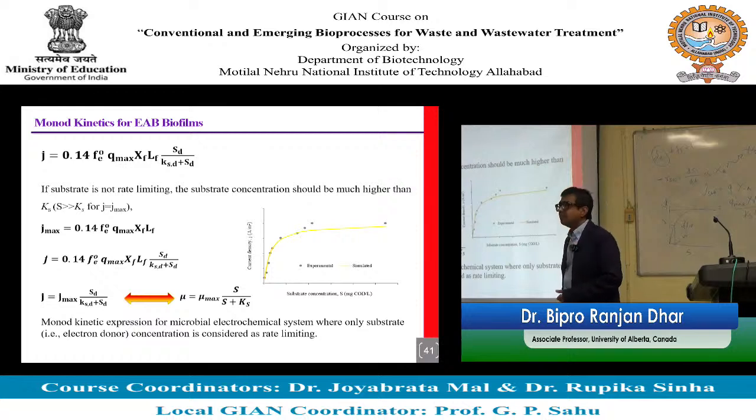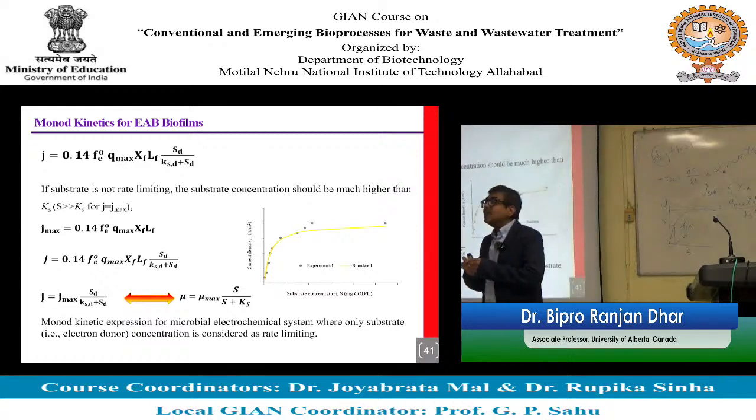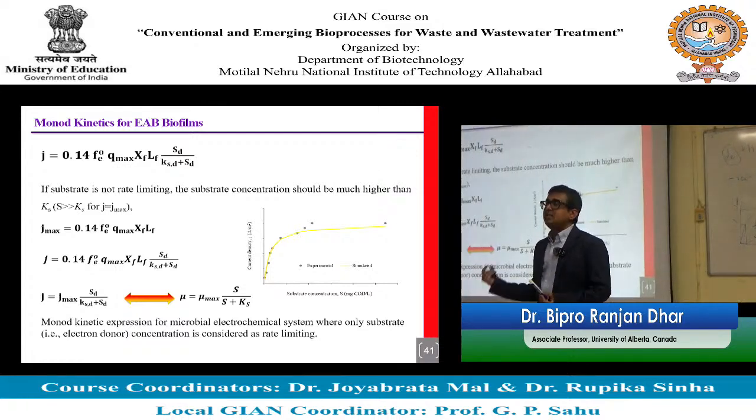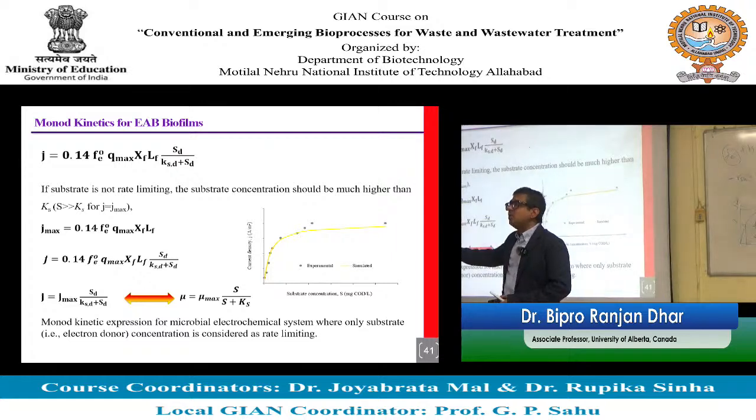But later on, researchers actually extended this model. They tried to add more components, because Monod is more about microbial metabolism, but in here we also have a lot of electrochemical components, right?